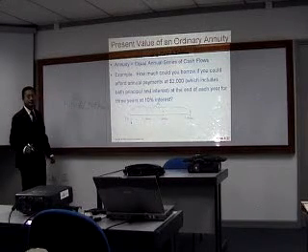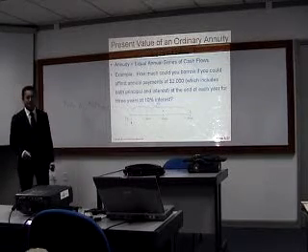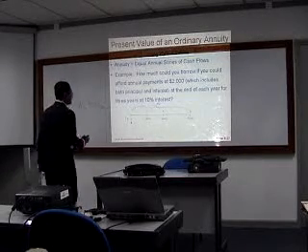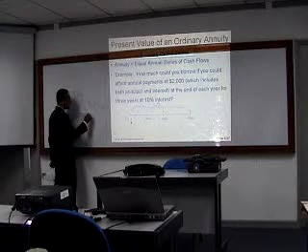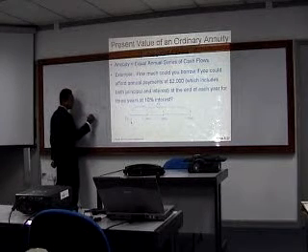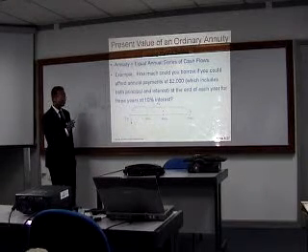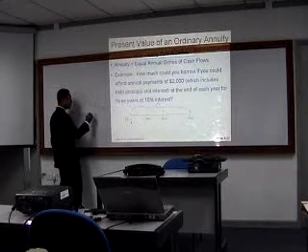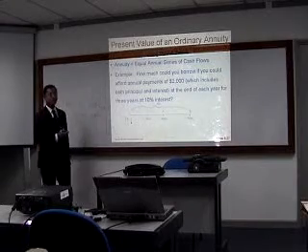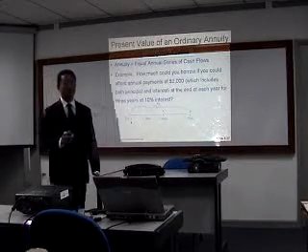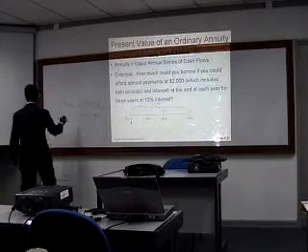So you get 2,000 multiplied with 2.4. So you get how much? 4974.